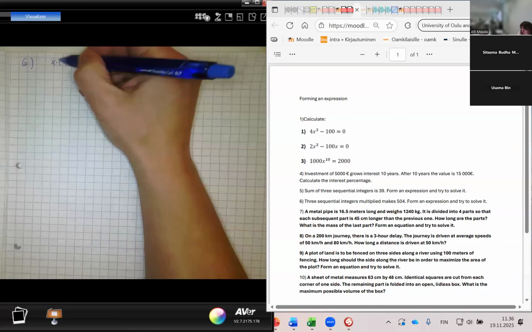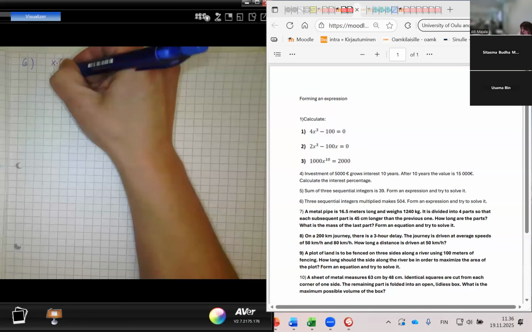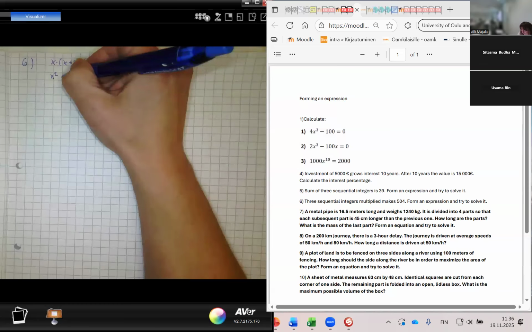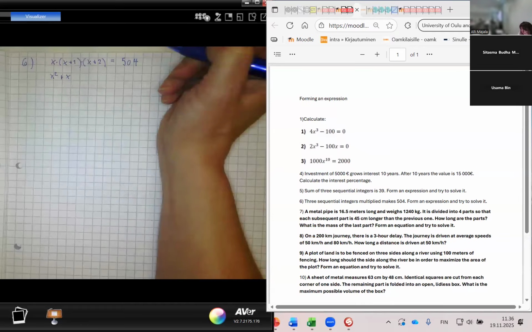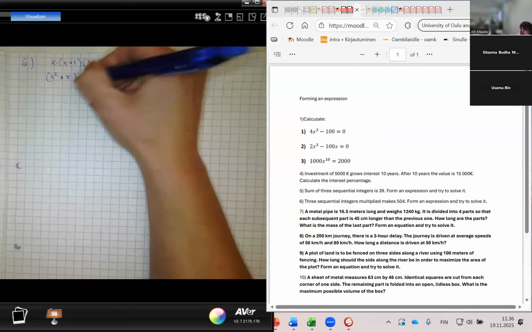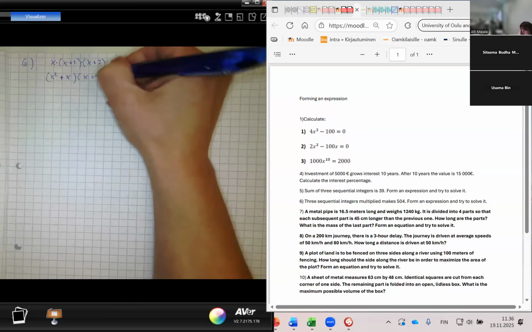So first, of course, I have to multiply these two with the x. So I multiply the first. And then I multiply the second. So I have something like this. So I just multiply these and I still have one left there.